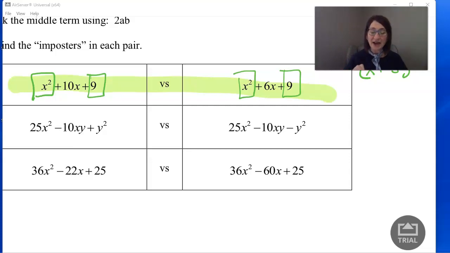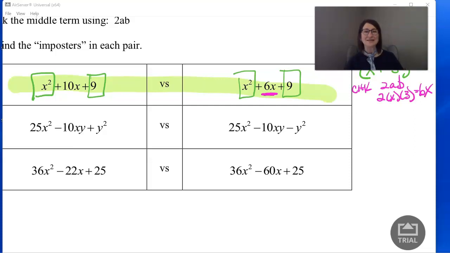Now, to check this, I'm going to use 2AB. So that'd be 2 times x times 3. That's 6x. So there's my 6x. That one is my perfect square trinomial.